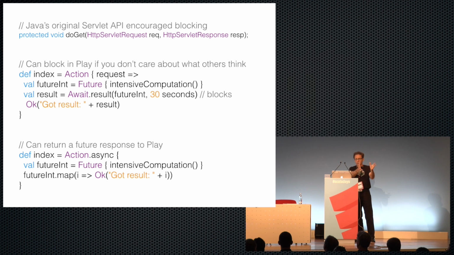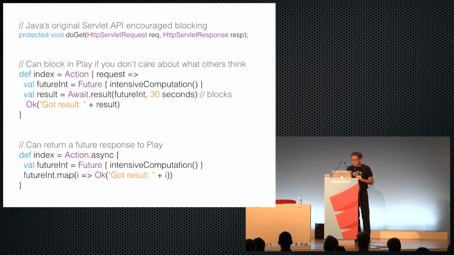And then Play will put it on a shelf, and then that thread can go do something else. When that future does finally complete, then it will talk to the client, right? So what it does is it makes more efficient use of threads, because threads are a finite resource, and you can handle a lot more client requests that way than the old servlet way.